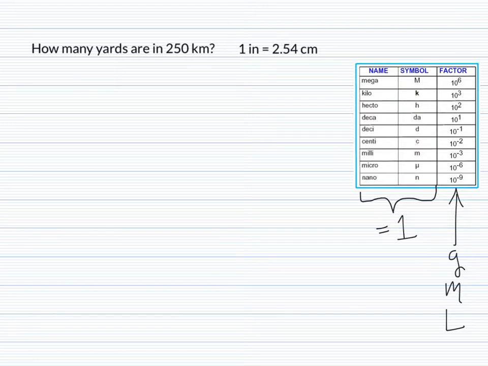And that's how it works for all of these. So a lot of you guys know centimeters as well. You have 10 to the negative 2, that's 0.01 meters in 1 centimeter. So one of these is always going to equal this number of our base value.